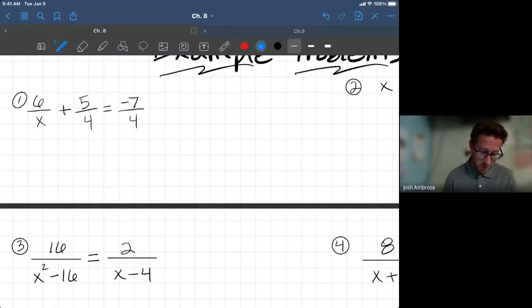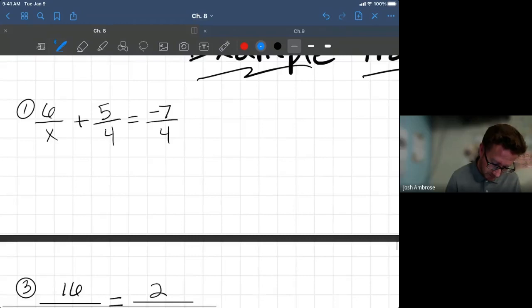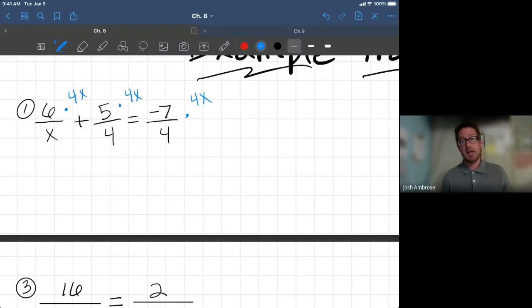All right, so what we're going to do is multiply all three fractions by the common denominator of 4x. The common denominator is just putting those two together. Now, this will allow us to cross out all these denominators, but leave some of it left over.